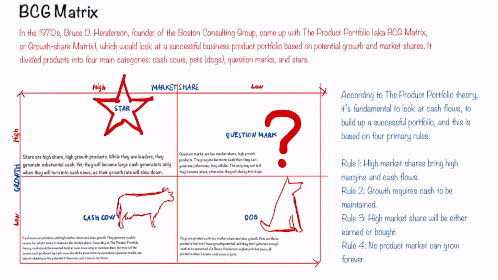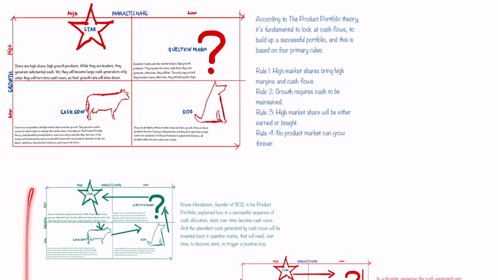Now, with this sort of theory, there are two sequences that we see when it comes to this strategy by Henderson.